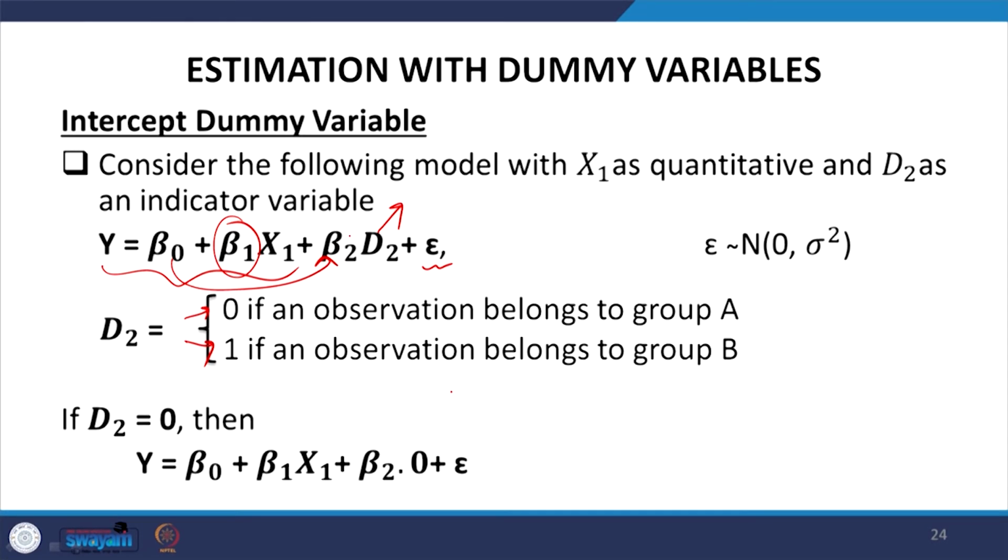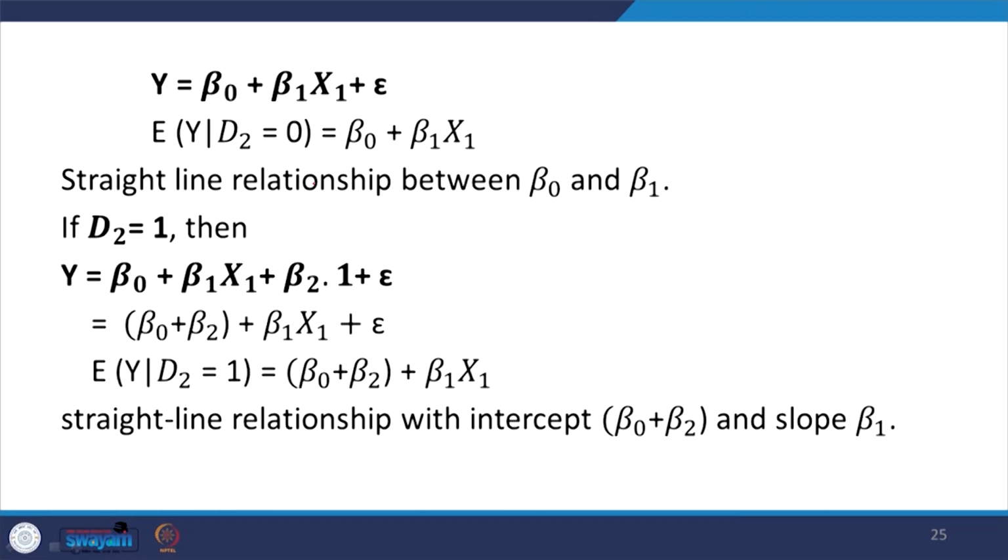The intercept is shifted by B2, increased by B2, but the slope remains constant. So if we use D2 as the dummy with 0 and 1, only the intercept is changed by the extra coefficient on the dummy, and the slope remains constant. This is what we are explaining.